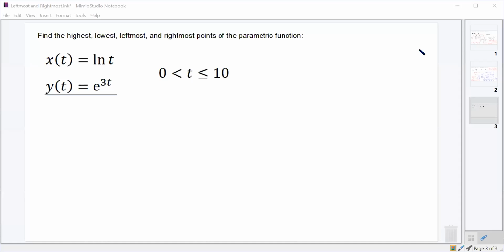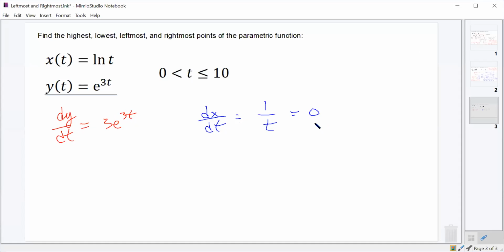All right, so first off, what's dy dt? 3e to the 3t. And what's dx dt? 1/t. Right. Okay. And when does 1/t equal 0, or when is it undefined?